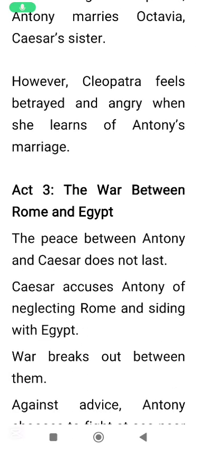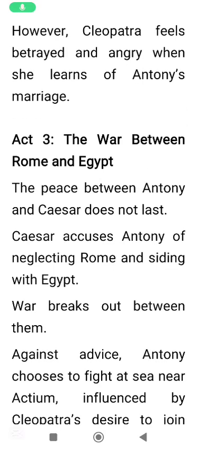Then in Act 3, there is war between Rome and Egypt. The peace between Antony and Caesar does not last. Why does it not last? Because it was on condition that they reach a compromise, and the condition was: marry my sister, and the moment you marry my sister, you don't have a problem.